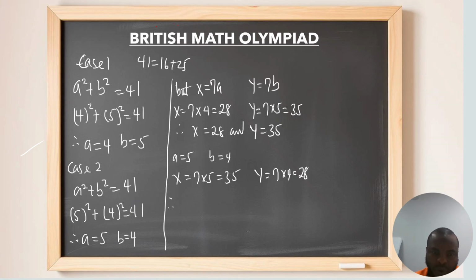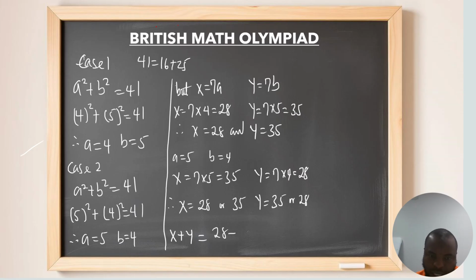Okay, therefore the value of x can be 28 or 35, and the value of y can be 35 or 28. So our x plus y, either one of the two values is still going to be the same.